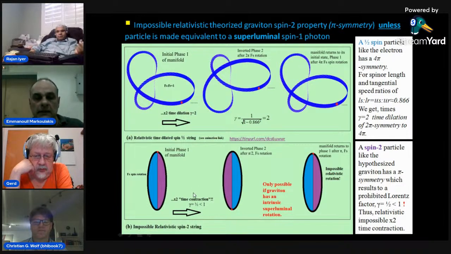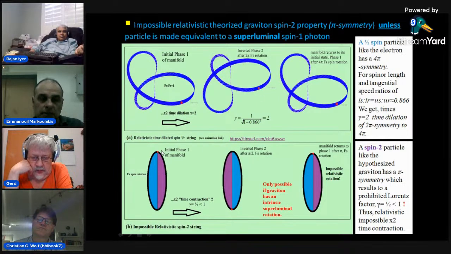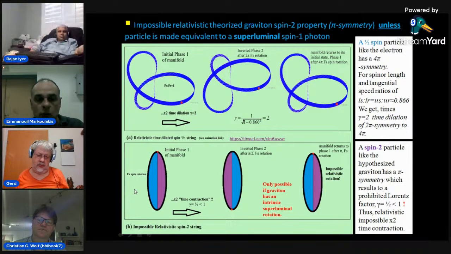The problem here is with the spin 2 graviton, because if you do the same analysis, the graviton now, spin 1 has 2 components, a z component of revolution and an xy component, but the graviton is a superluminal spin 1 photon, and spin 1 means that it's a circle.